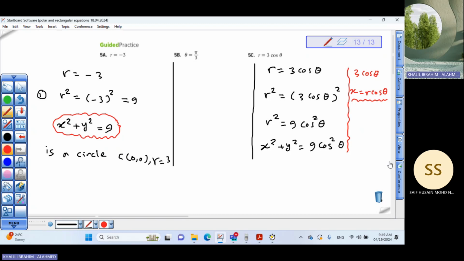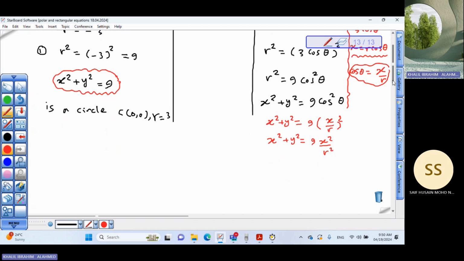Cosine theta equals x over r. We can write x squared plus y squared equals 9 times (x over r) squared, which is x squared plus y squared equals 9x squared over r squared.